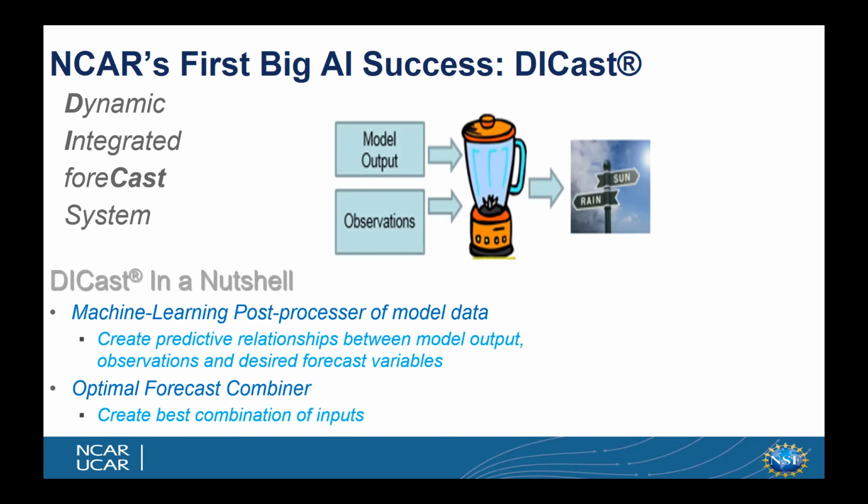So it generally is a machine learning post-processor of the model data that learns the predictive relationships between the model output and the observations. Then we can optimize the desired forecast variables. We can combine multiple NWP model outputs.